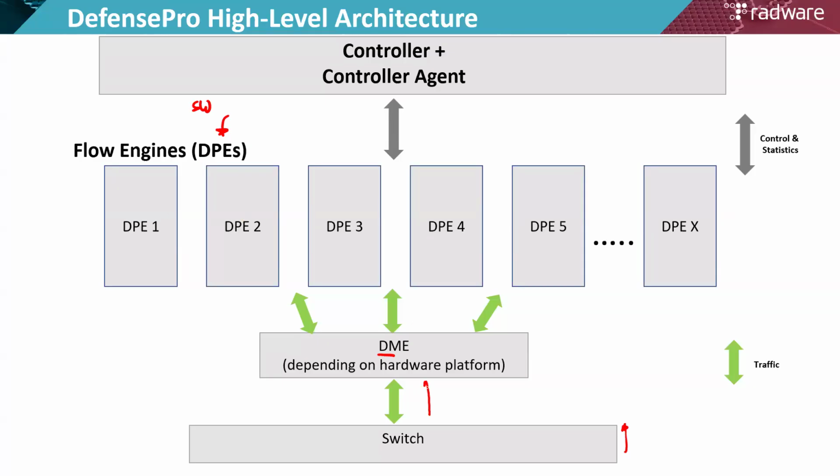Once the traffic reaches the DOS mitigation engine, it will evaluate it and forward the traffic in equal proportion. Let's suppose 100% of traffic is being received, and there are just 4 DPE engines. In that case, the traffic distribution would be 25, 25, 25, and 25. So there would be an effort made to distribute the traffic evenly to all the DPE engines, or your core platforms, or the CPU platforms.